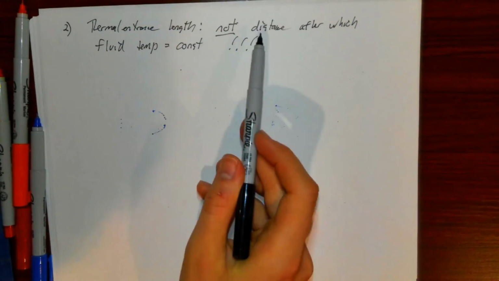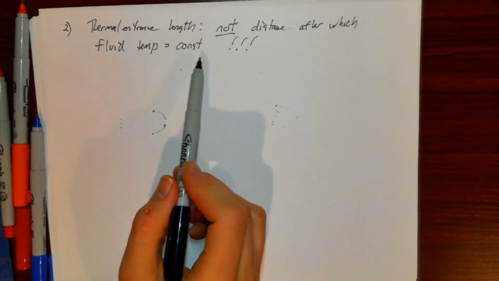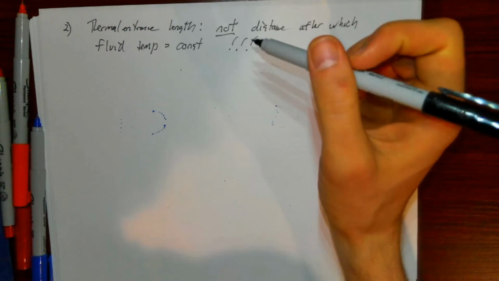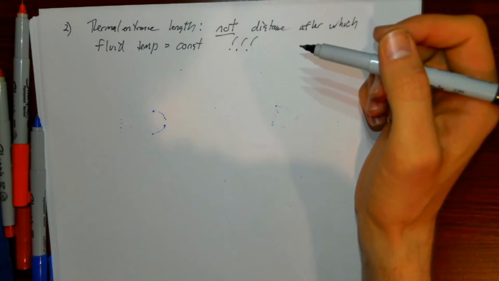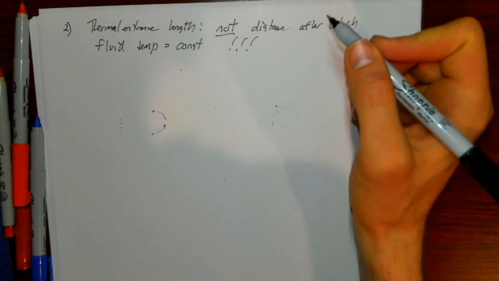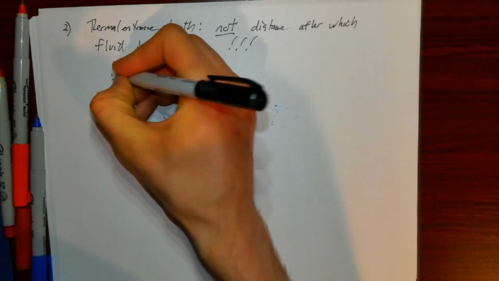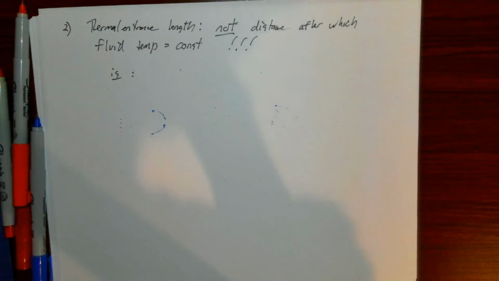So thermal entrance length is not a distance after which the fluid temperature becomes constant, equilibrates with the pipe temperature or something like that. What it is, is basically a distance after which we don't get some added effect from the hydrodynamics.